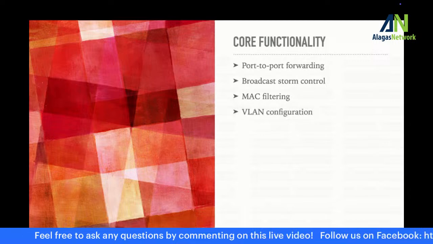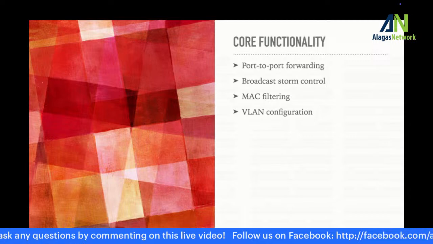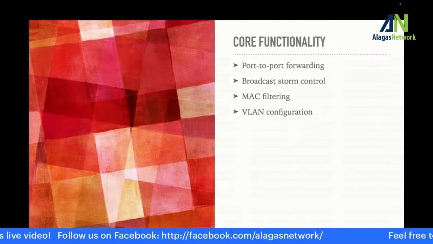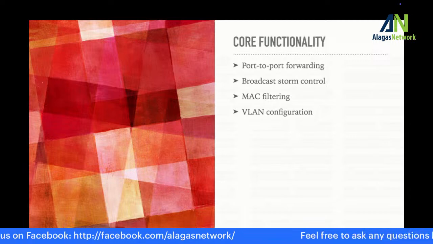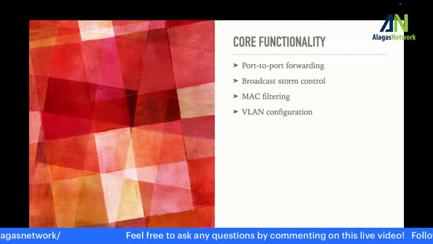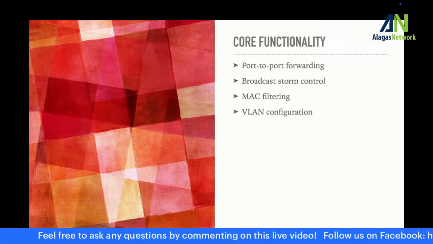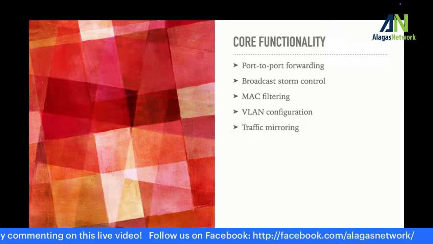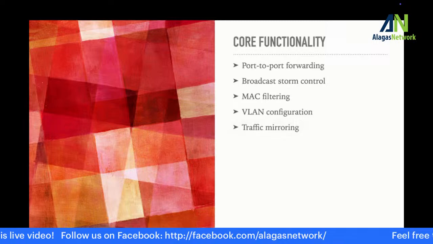VLAN configuration, of course, is a must for every managed switch. If a vendor calls their product a managed switch but doesn't support VLAN configuration, then you will just throw it away, or just use it as a dumb switch. Then traffic mirroring, so you can mirror the traffic from one port to another port.